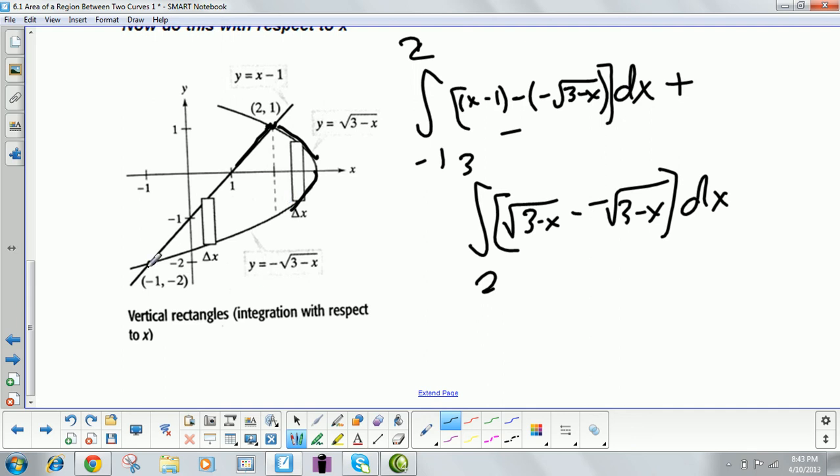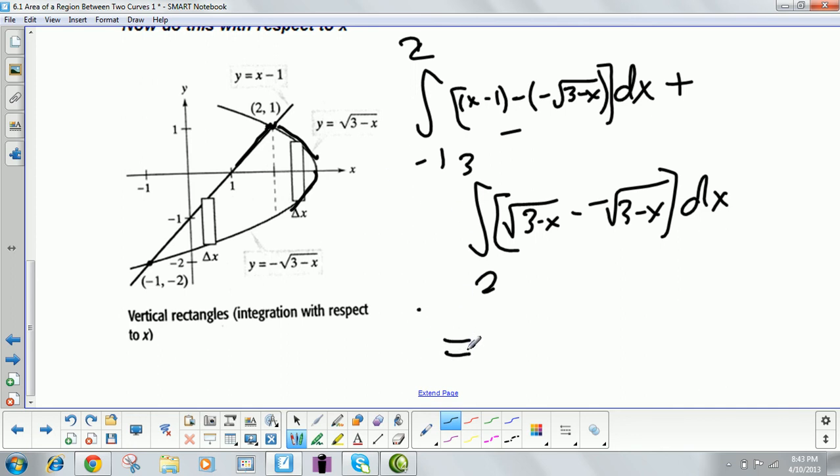Alright, so sometimes you have to be able to recognize, do I use y as my variable, or do I use x? Do I have my rectangles perpendicular to the y-axis, or perpendicular to the x-axis? You just have to be really careful with that. And to finish this one, just take my word for it.